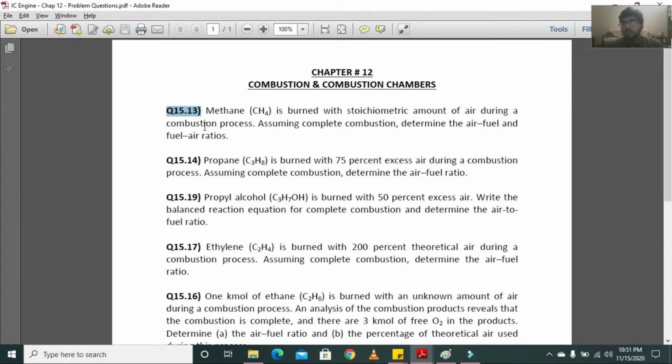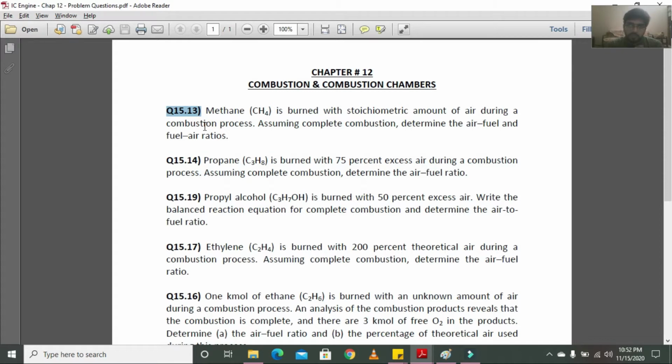These questions are not from the textbook which we are following; they are from the book of Cengel and Boles on thermodynamics. You don't have to worry about it, because I will provide you the PDF of these questions.